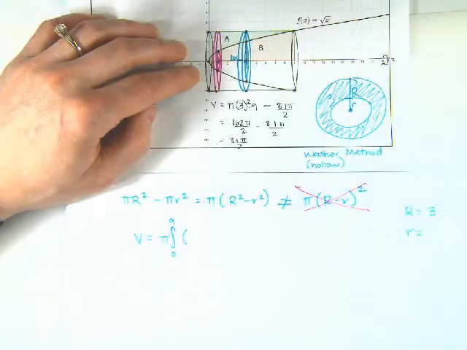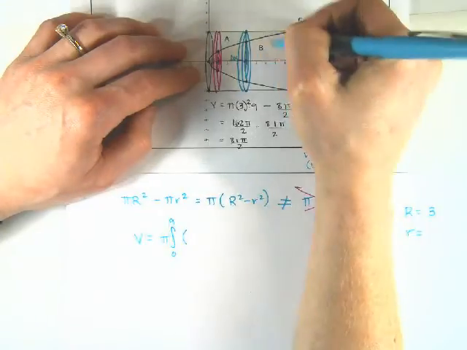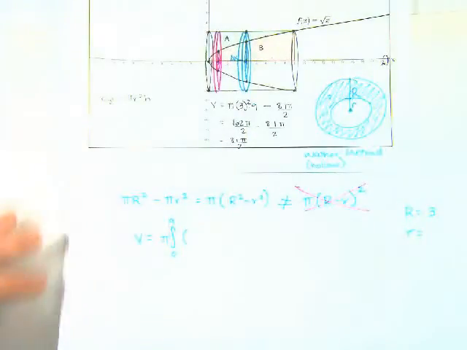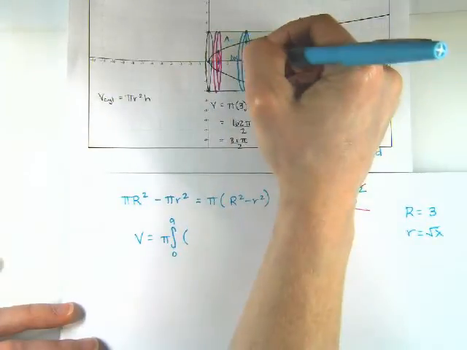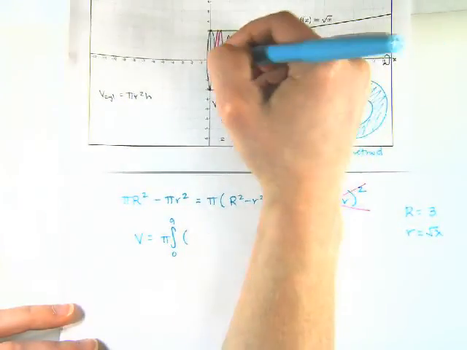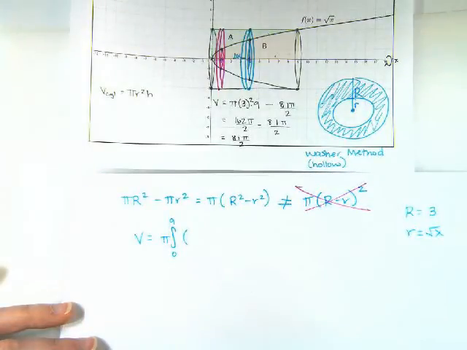The little radius is this distance, which does change depending on where I put my slice. It's whatever the square root of x is, because remember this is basically the y-coordinate of wherever you're at, and the y-coordinate is given by root x.